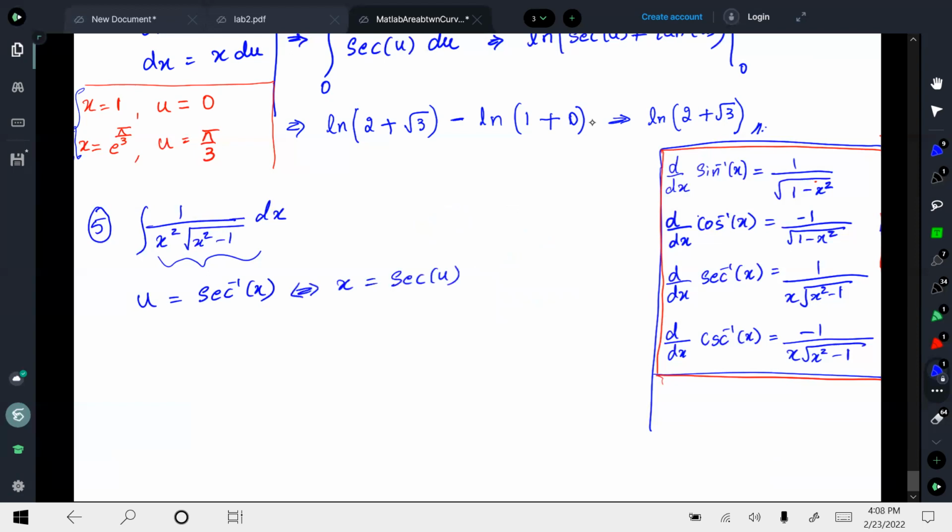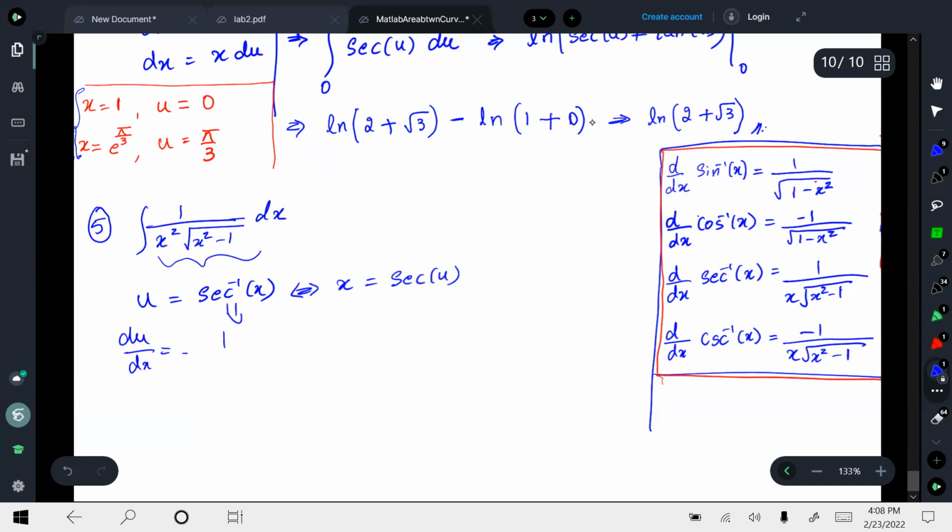Now, the reason I'm taking it this way is, when I take a derivative, du by dx, what will I get? I get 1 over x times the square root of x squared minus 1, right? I get back the same thing here. But remember, I cannot cancel these two terms. The reason is I have x squared here and I have x here.